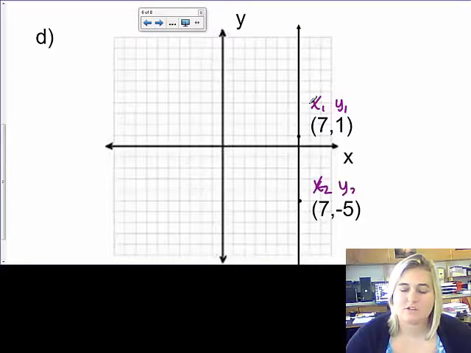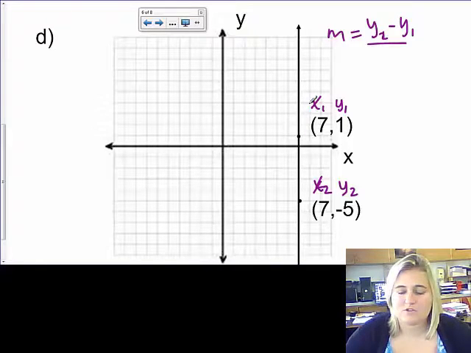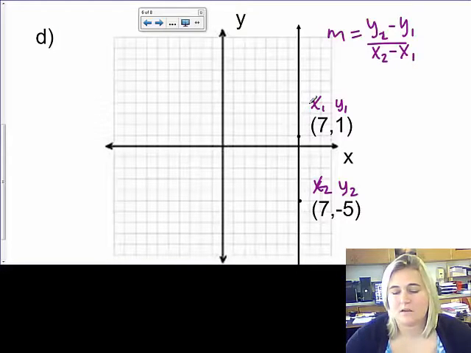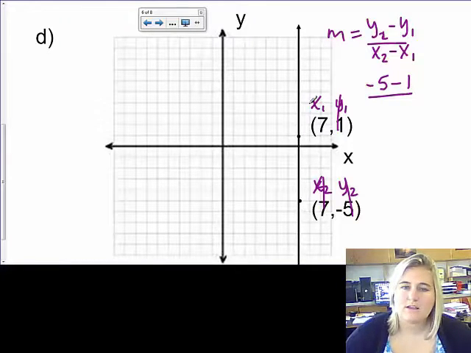My formula is m equals y sub 2 minus y sub 1 over x sub 2 minus x sub 1. So instead of y sub 2, I'm going to plug in my negative 5. So I have negative 5 minus y sub 1, which is 1, over x sub 2, which is 7, minus x sub 1, which is 7.